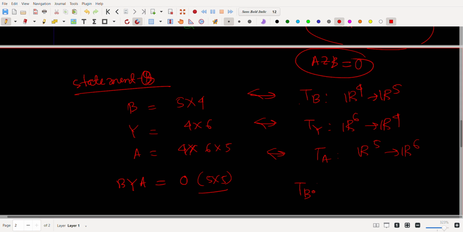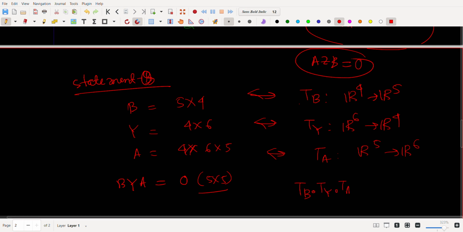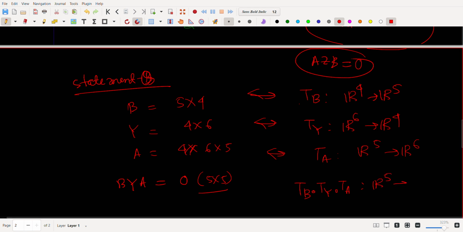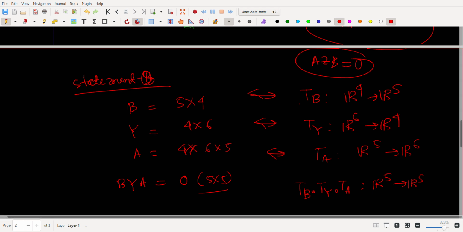Then TB compose TY compose TA is from R5 to R5.